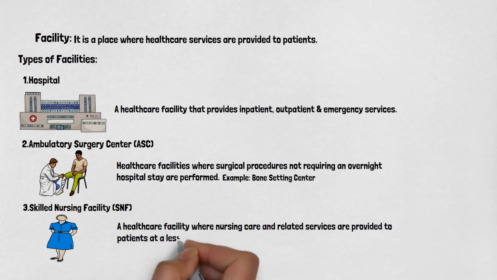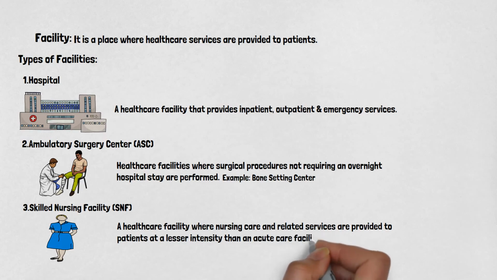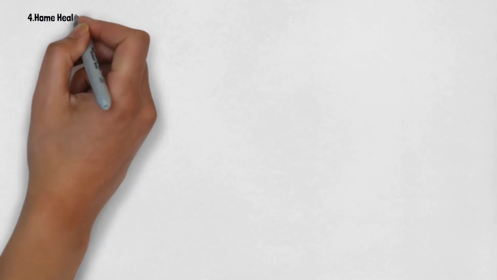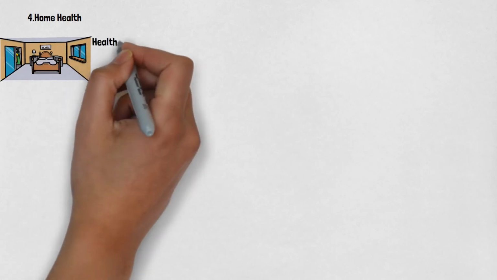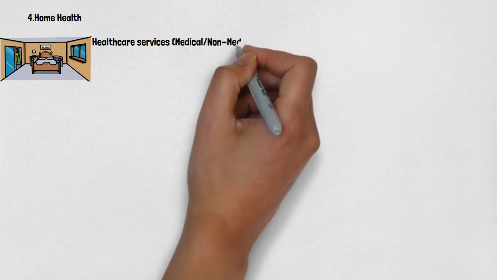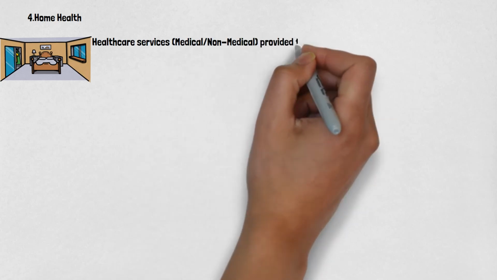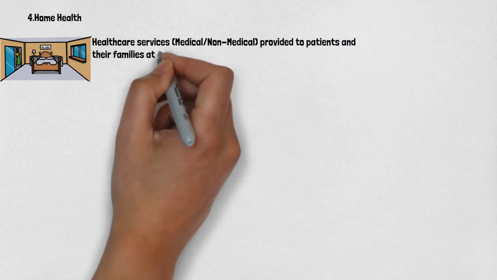And the last one is hospice. A facility other than the patient's home in which palliative and supportive care is provided to terminally ill patients and attending to their emotional and spiritual needs. Thank you.